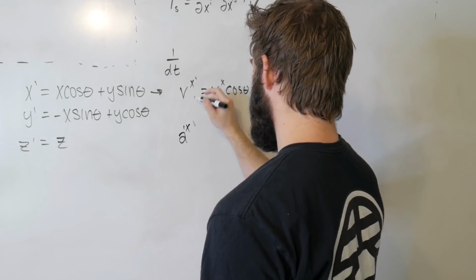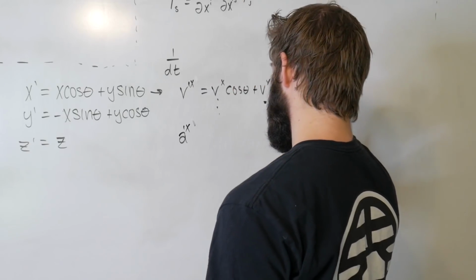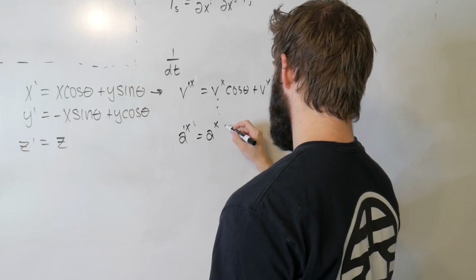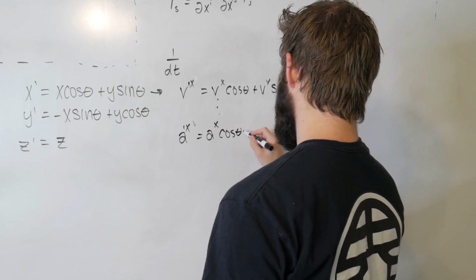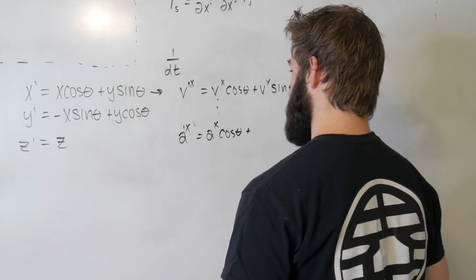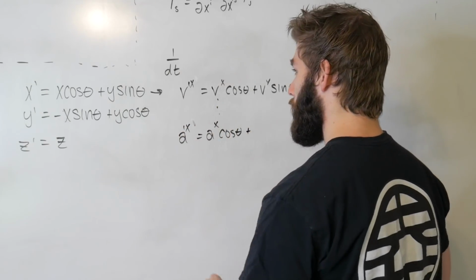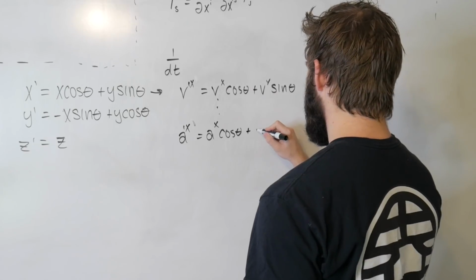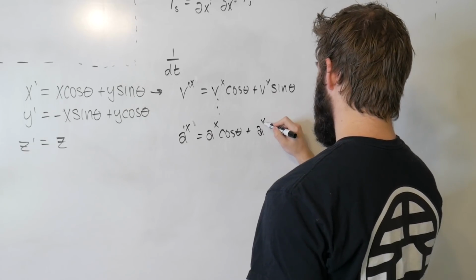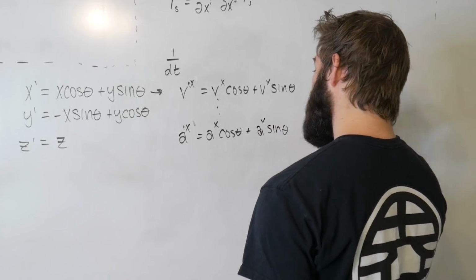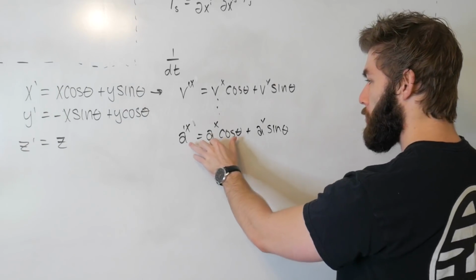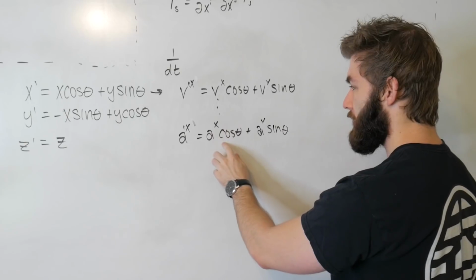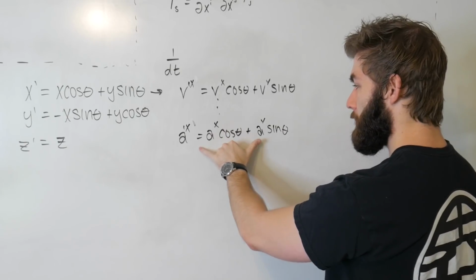This should be prime x, I guess. And what we see here is we have a transformation of something that looks more like vectors. This still technically is, but this I think visually looks like one more. Plus ay sine theta. But what we see is that the components of ax prime and ax aren't necessarily going to be the same thing.